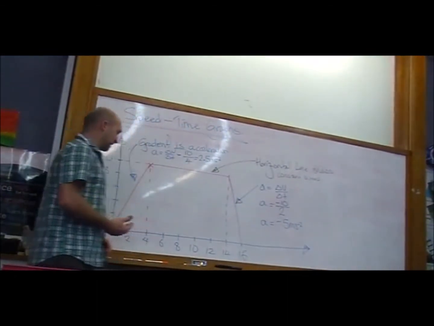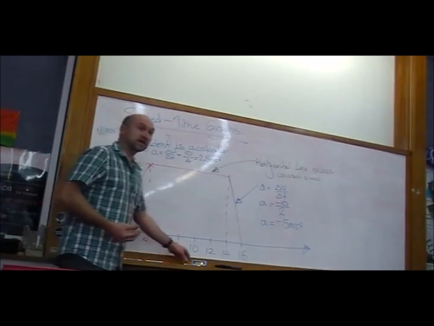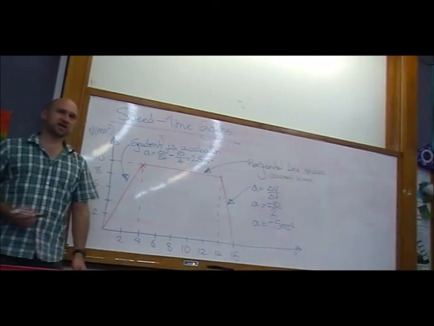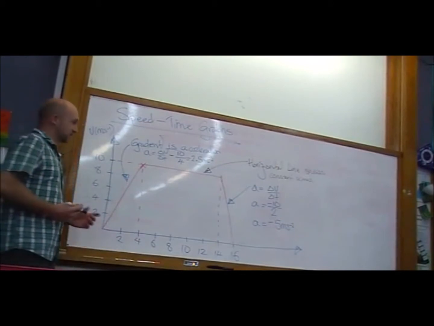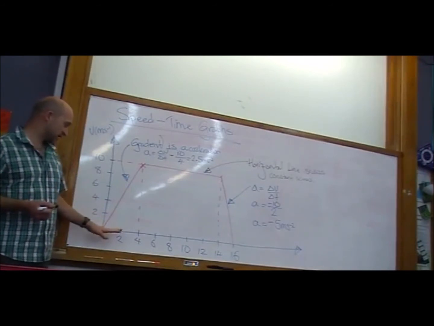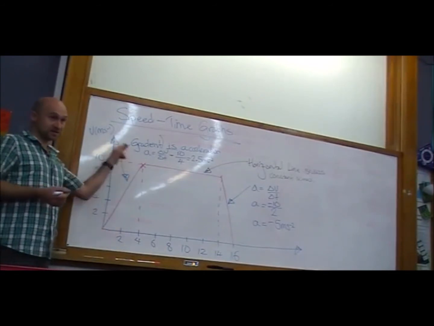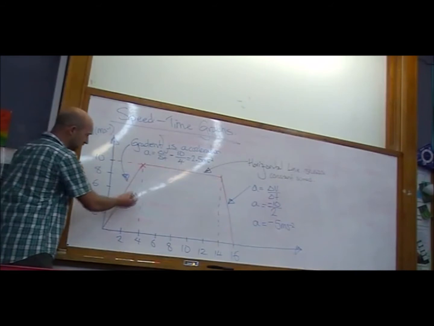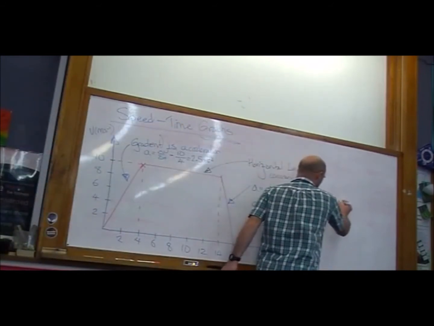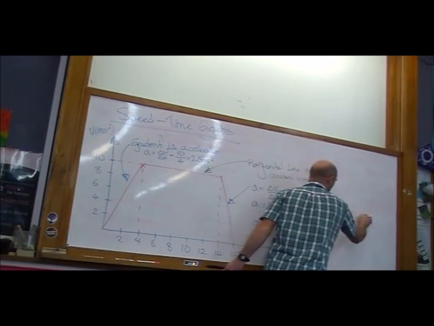The more complicated thing that we have to be able to do with these speed time graphs is to calculate the distance travelled. And the rule is that the distance travelled is equal to the area underneath the curve. And so if we look, get that rule over here, area equals distance.